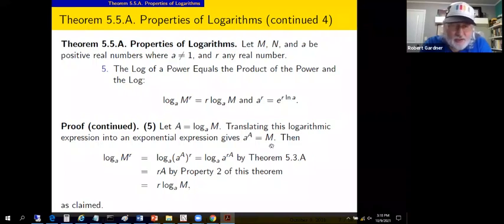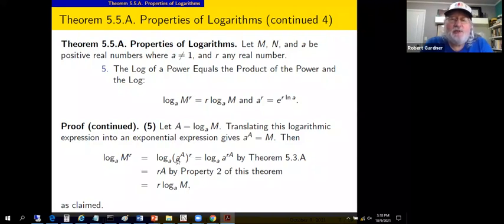Why do we keep changing these logs into exponentials? Because we got properties of exponentials, and we're developing properties of logs. So we take the question from where we are to where we already know some stuff, and then we translate the answer back. So log base a of m to the r, we know m equals lowercase a to the capital A, so substitute that in, and we get log base a of a to the capital A raised to the r power.